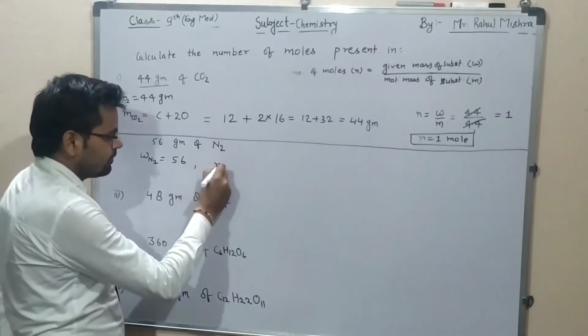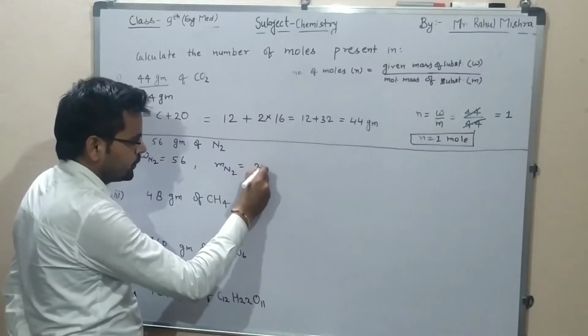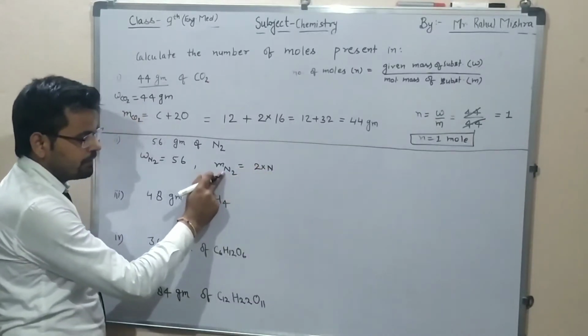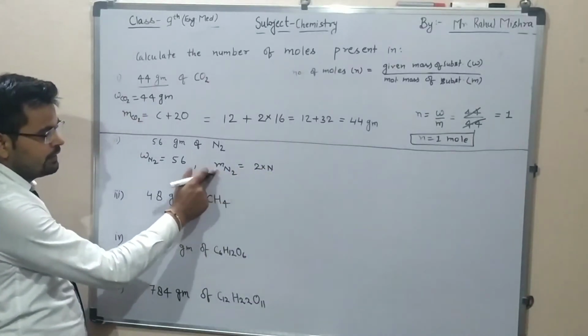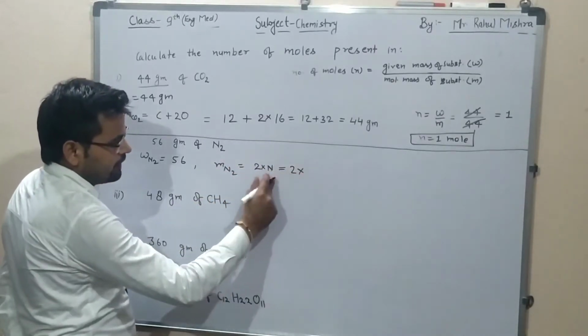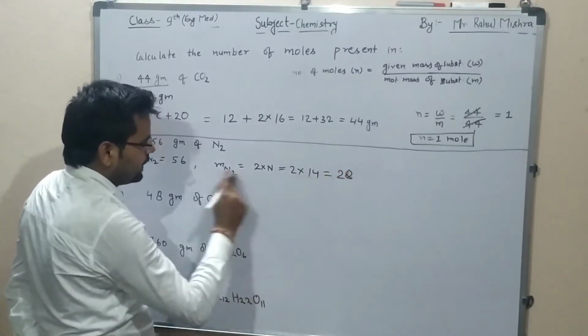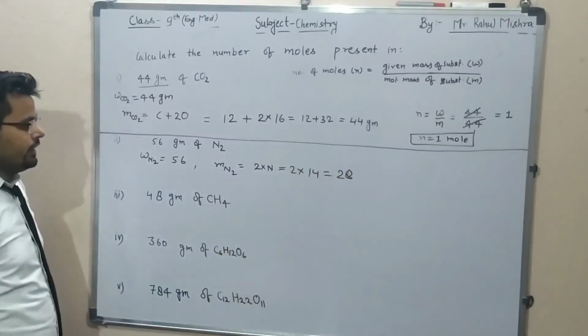The molecular mass of N2 is 2 into atomic mass of nitrogen, which is 14. So molecular mass of nitrogen will be 28.